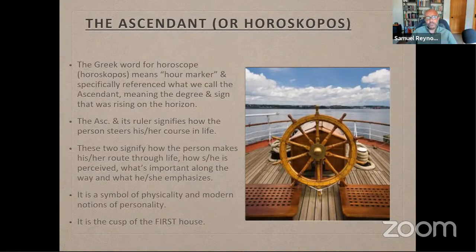So these two, the ascendant and its ruler, signify how the person makes his or her route through life, how she is perceived, what's important along the way, what you are paying attention to, what you rank as even the source of your happiness, which is more so the classical idea of the ascendant, and what he or she emphasizes.